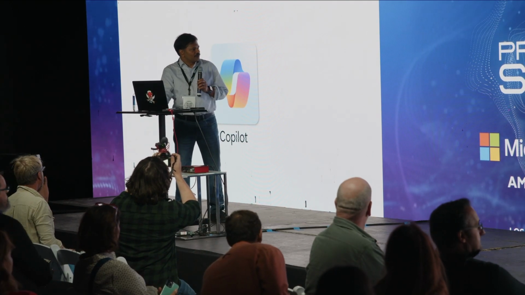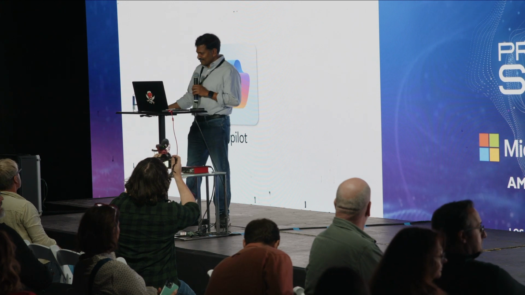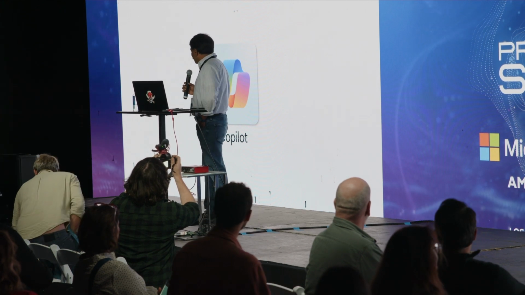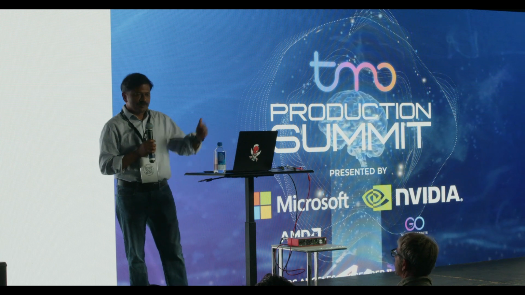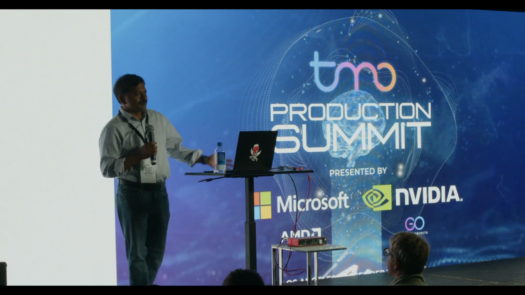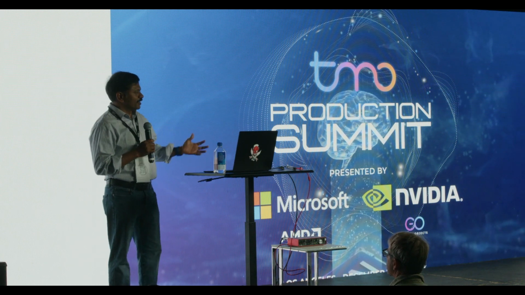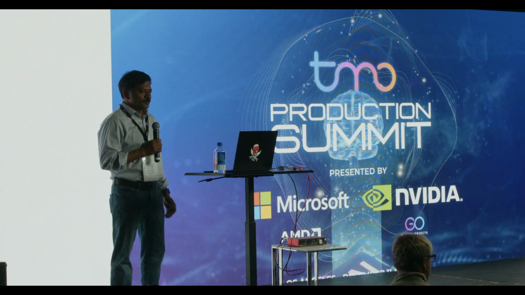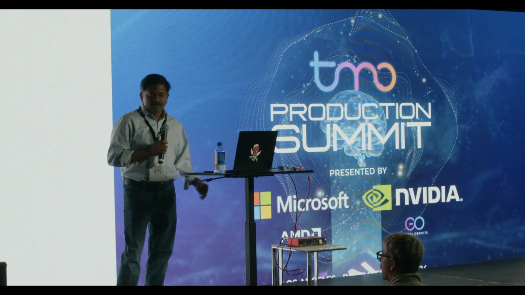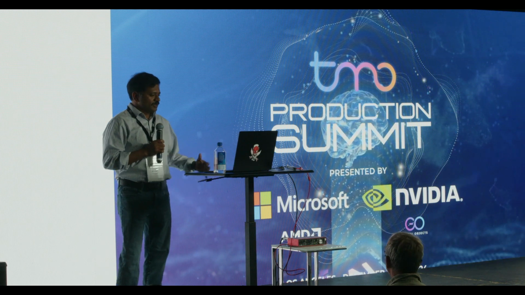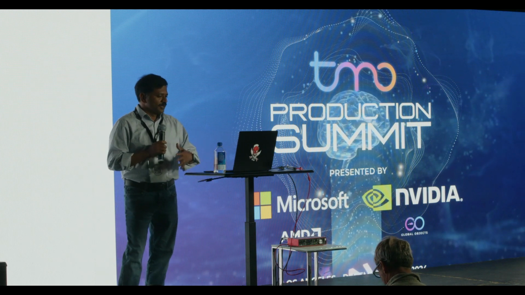So, what are we going to talk about today? We're going to talk about Copilot. The flow of this presentation will be: we'll walk through what Copilot is and the different kinds of offerings from Microsoft's Copilot. Everybody has used Copilot in one form or another. We'll go through that, and a bit on the extensibility of Copilot, about M365 and Copilot Studio.